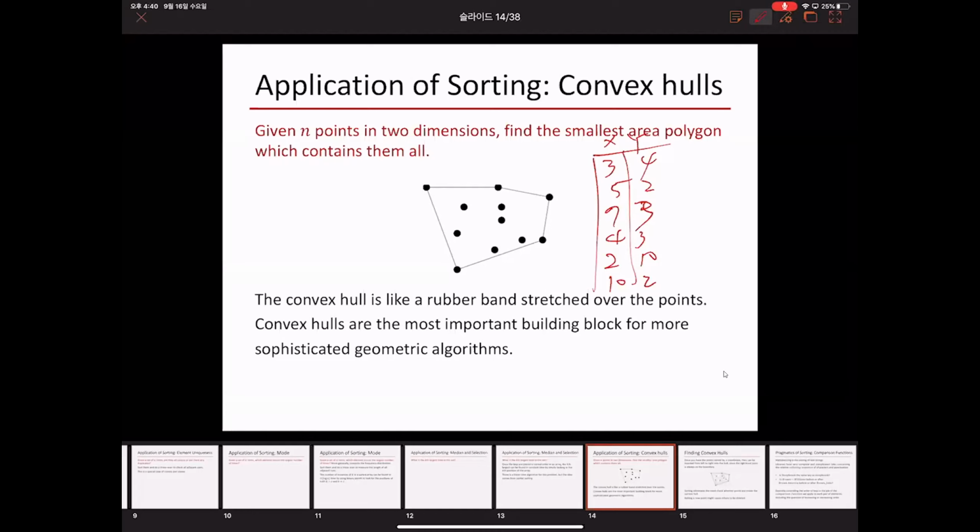First of all, I would divide the entire plane into 4 equal quadrants, and then on each quadrant, I would find a point that is farthest from the center of the polygon, of the dots. And then I would connect those points on each quadrant.